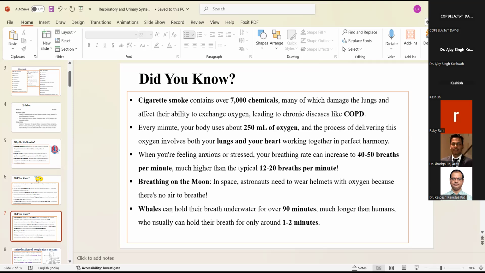In space, astronauts need to wear a helmet with oxygen because there is no air to breathe. There is one animal, the whale, that can hold its breath underwater for 90 minutes, much longer than human beings, who can hold their breath for only around 1 to 2 minutes.